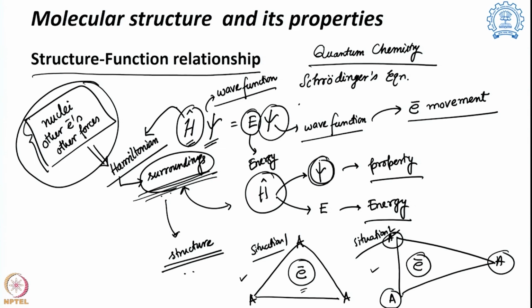The psi and E will be different, because the surrounding or the structure is defined by this H, the Hamiltonian factor. So, we can say situation 1 is H dash, whereas this one can be H double dash, and accordingly the energy and the wave function will also change.